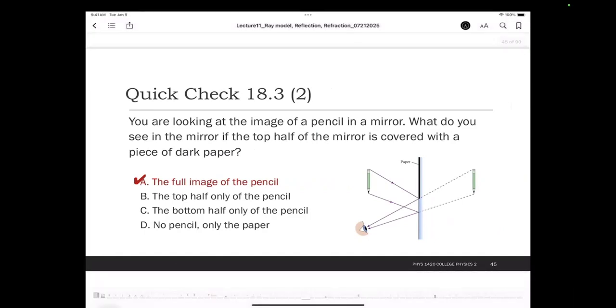From here you can see this pencil, which means you can see the full image of the pencil. Does it make sense to you?